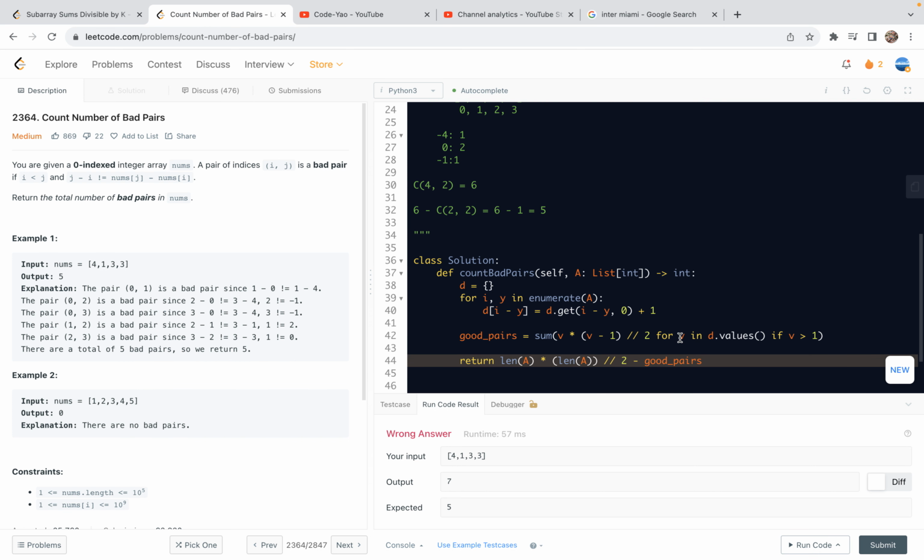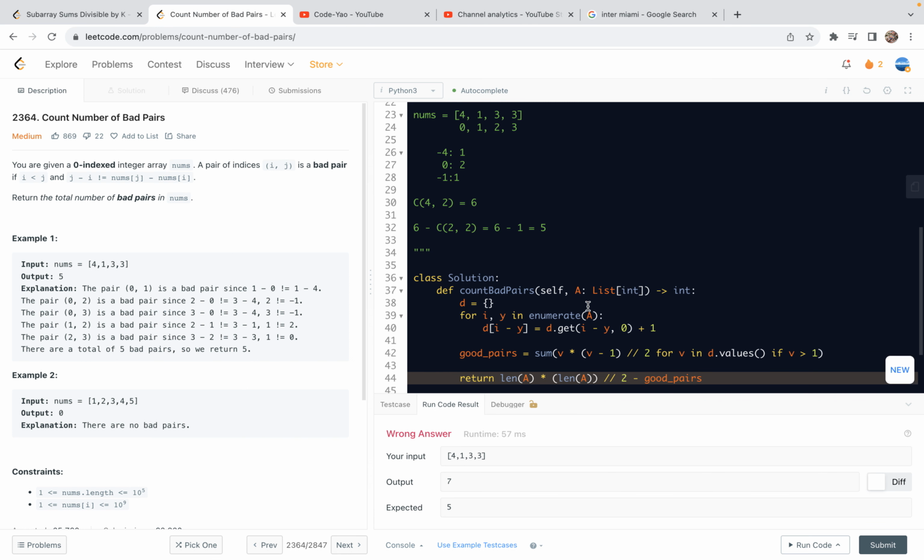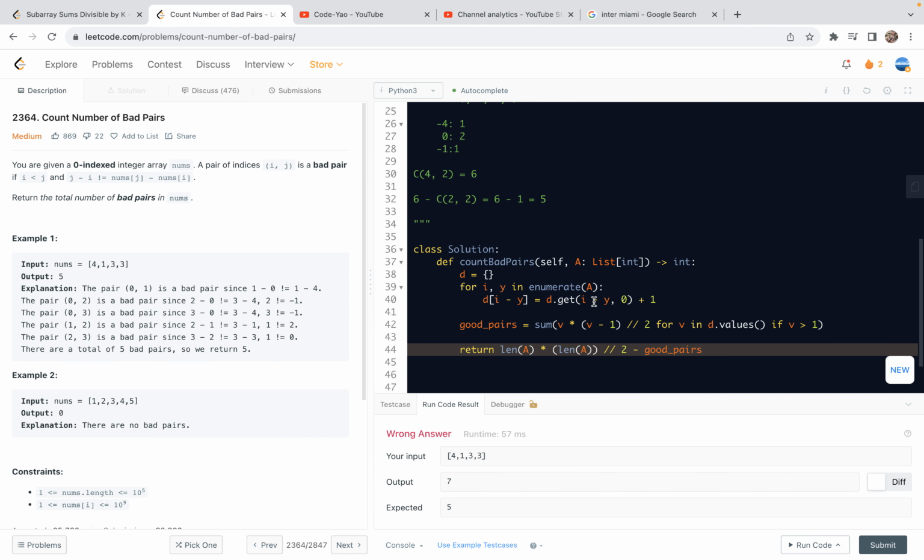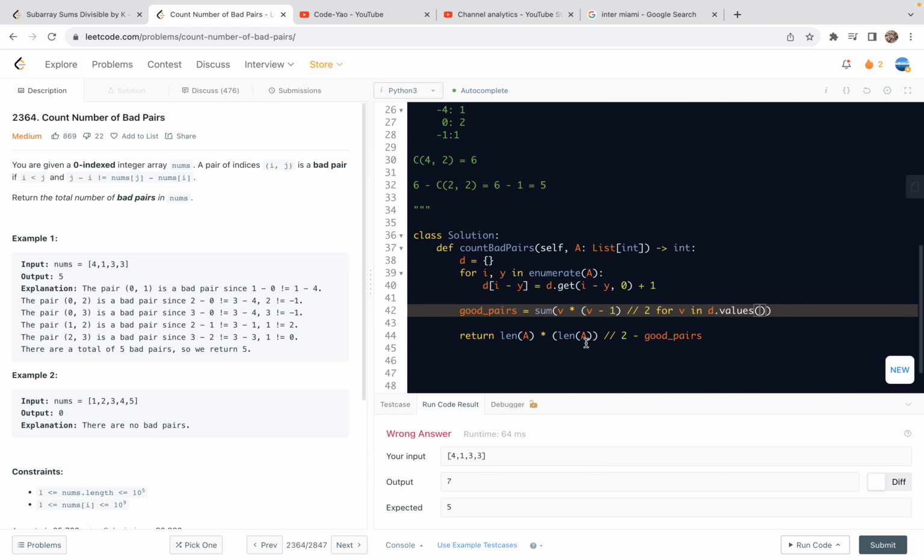So here it's wrong. Let me see where the problem is. So here we have i, y in enumerate A, right? And then we get d of i minus y, get this one, count plus 1, for v in D values.